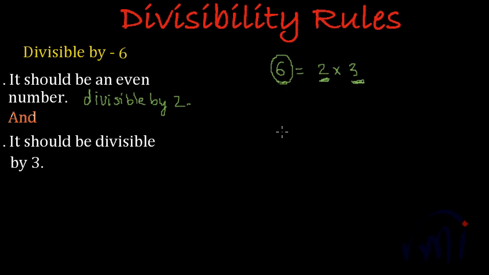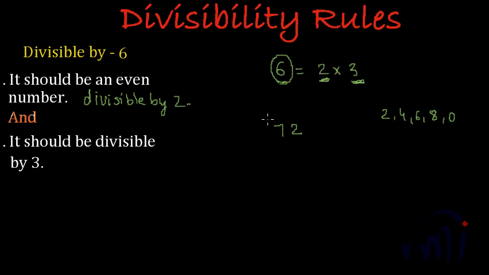So suppose if I take 72, right? If I take 72, and how do we check? What is the shortcut of checking whether a number is even or not? In units place, it can have either 2, 4, 6 or 8 or 0, right? So it has 2 at its ones place or units place, so it is an even number. It will definitely be divisible by 2.